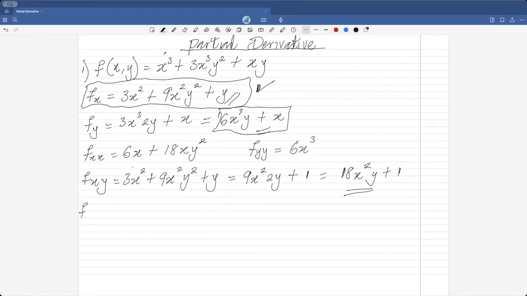We can differentiate also by saying f sub yx. We end up with the same answer.